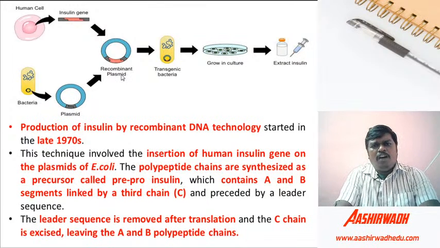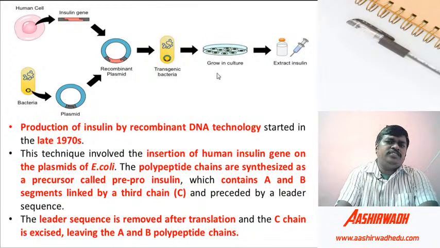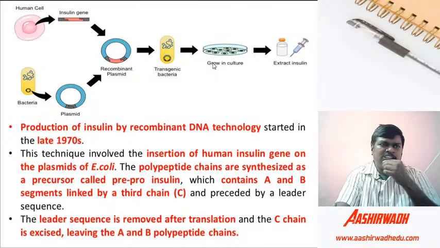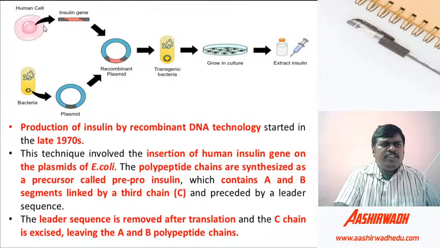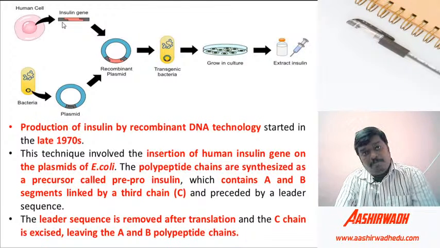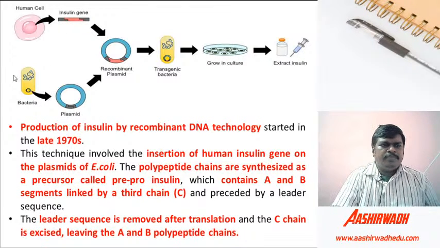And let us see how insulin is produced in recombinant DNA technology. They take the human cell, and from that human cell they take the insulin gene that is responsible for formation of insulin. From the E. coli bacterium they take the plasmid, and that plasmid along with the human insulin gene becomes a recombinant plasmid.